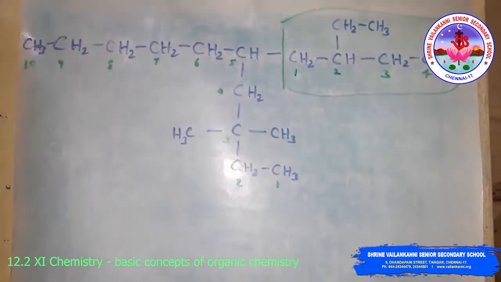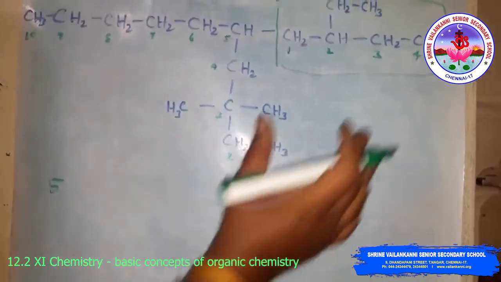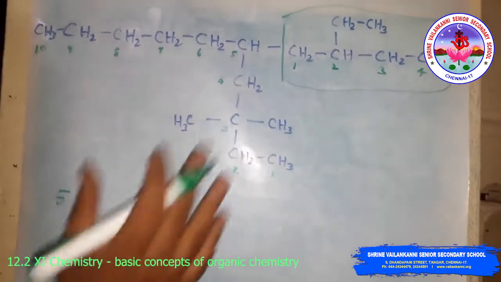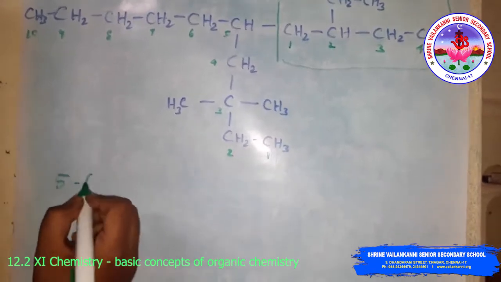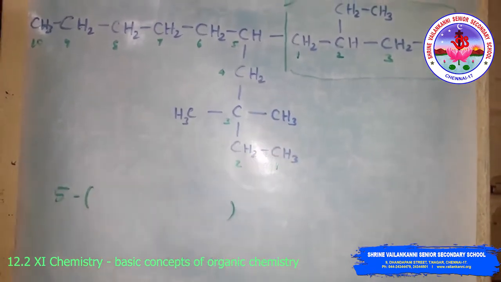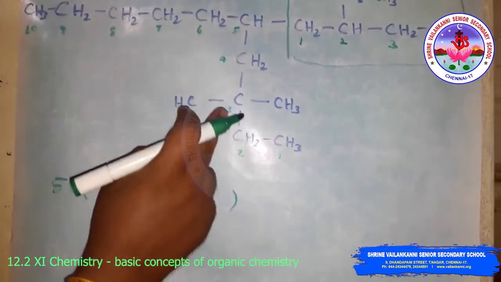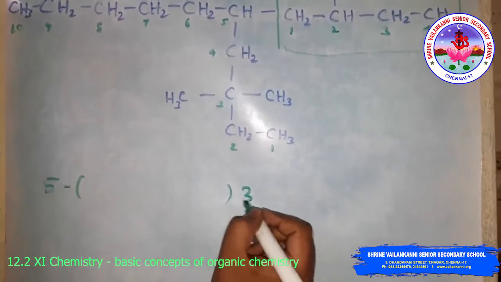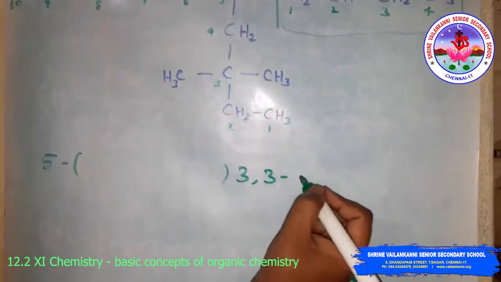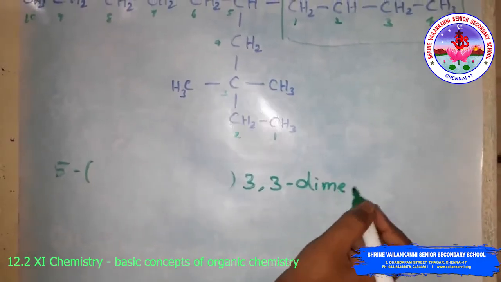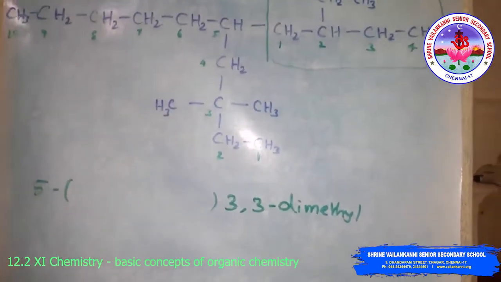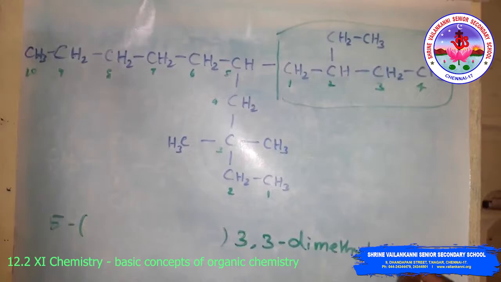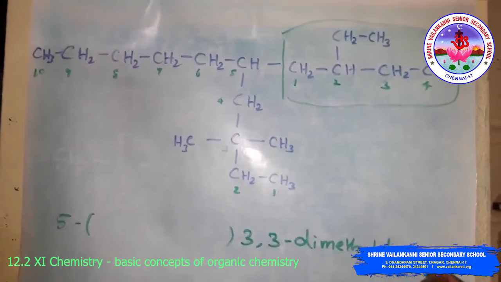So here the fifth position has one branch, some name will be there, leave the 5 for now. Then the third position has two methyl groups present, so 3 comma 3 dimethyl. 3 comma 3 dimethyl 10, and 10 means decane, dimethyl decane.